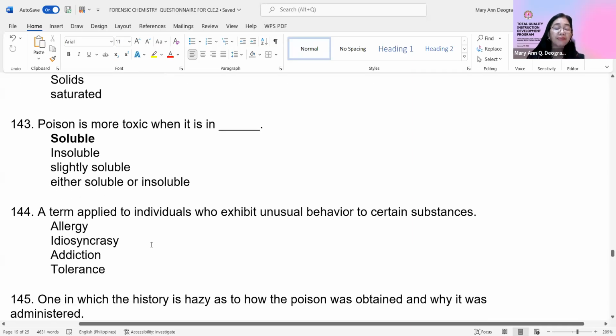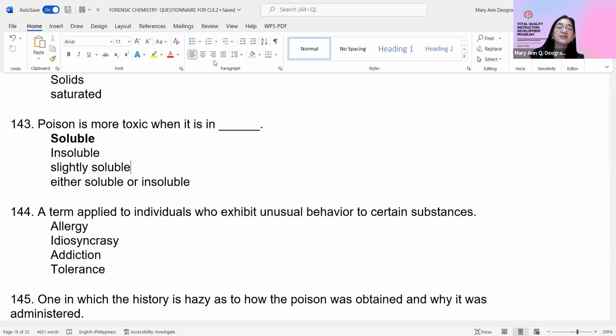A term applied to individuals who exhibit unusual behavior to certain substances. Is it allergy, idiosyncrasy, addiction, tolerance? Example niyan is yung mga pamumula. Ayun, idiosyncrasy. Madali lang ba? Okay.